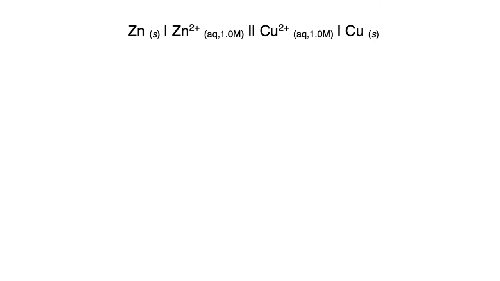So how do we understand cell notation? For this, I'm going to give you the tips of what we call the ABC tips. So A is representing this part, which is the anode. For cell notation, you have to start with the anode. Next one is this. This is the bridge, or your salt bridge.